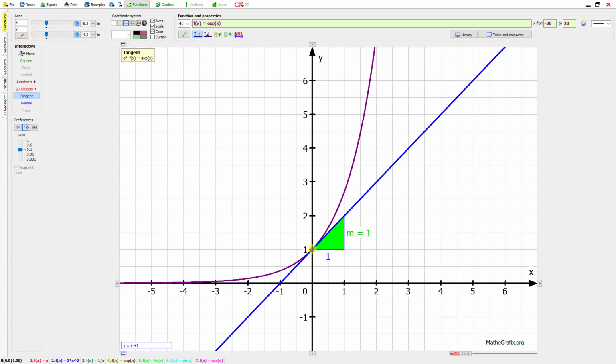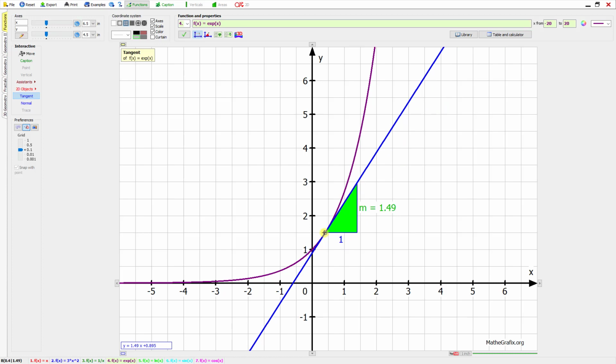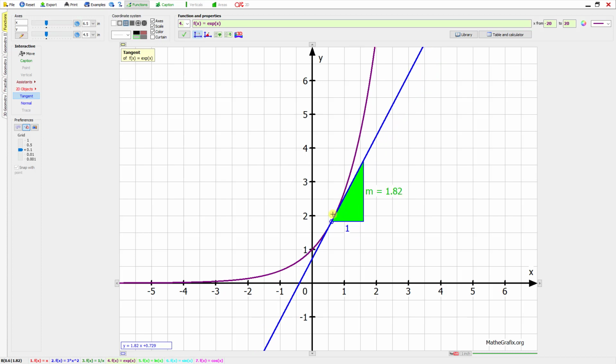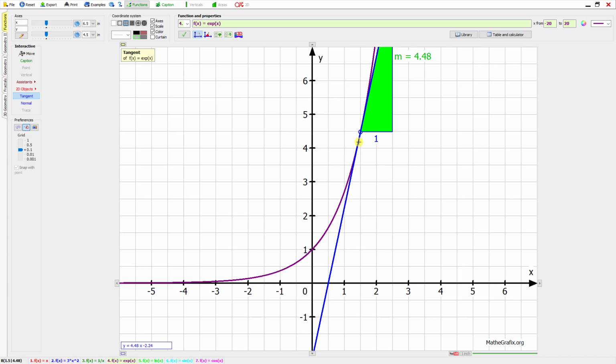Okay, so now y value is equal to 1. The slope m is also equal to 1. Increase a little bit. Okay, y is 1.49. Well, the slope is also 1.49. That's strange. Okay, y is 2.01. Slope's 2.01. So y is 2.72. Slope is 2.72. If I can hold my pen without moving it. And y is 4.06. Slope is 4.06.